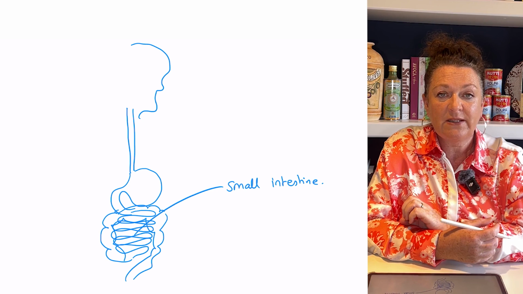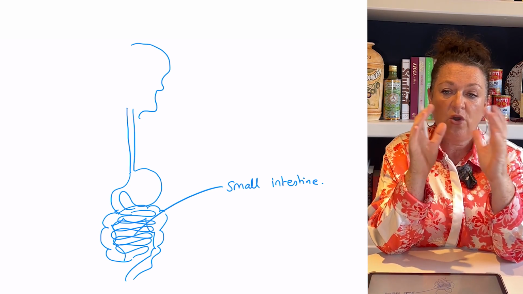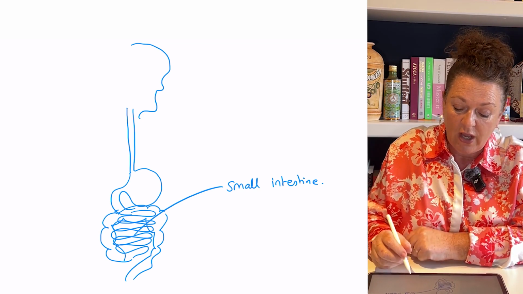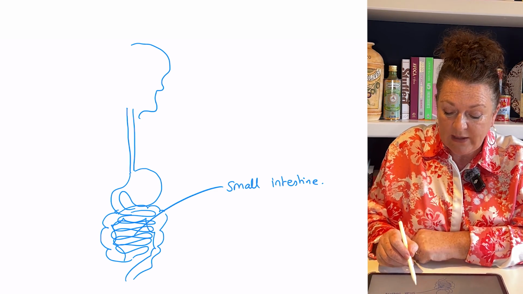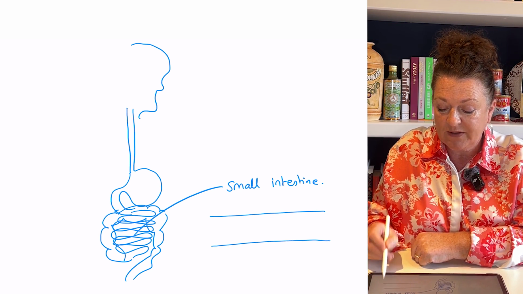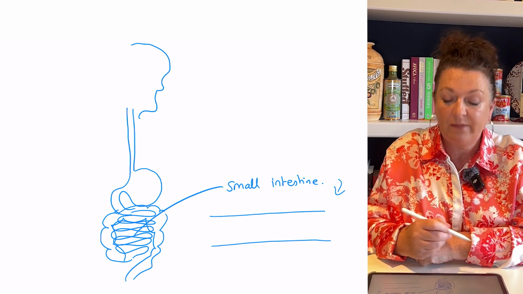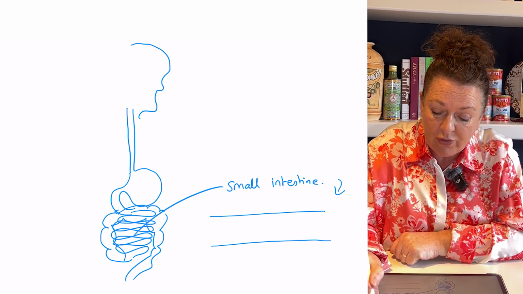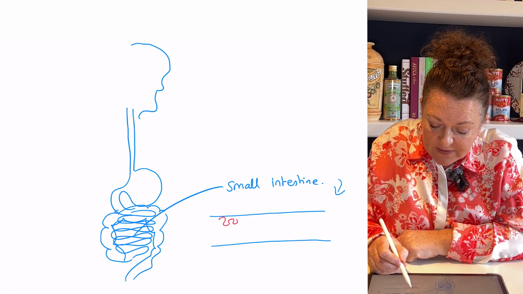Now, not only is the small intestine very long, it's coiled up inside in, shall we call it, nearly a ball shape in the center of our abdomen there, but the surface area is even more increased, or greatly increased, because if we take out a section of the small intestine, rather than the lining of the small intestine being flat, we have these finger-like projections lining our small intestine.